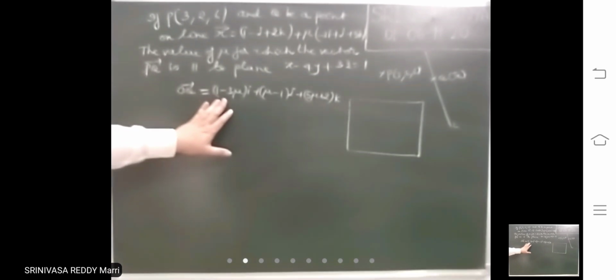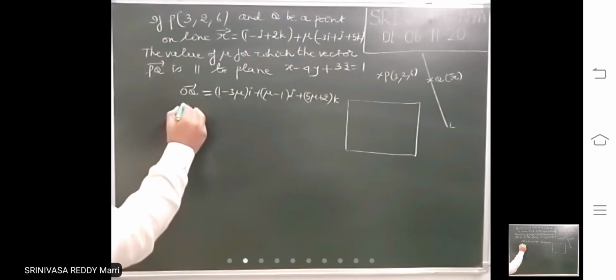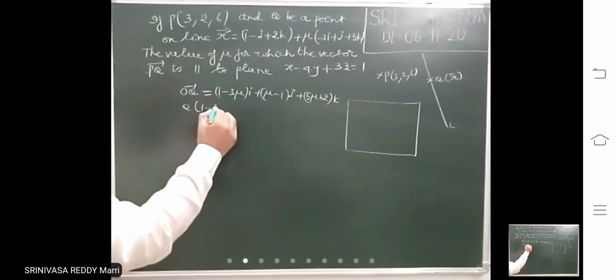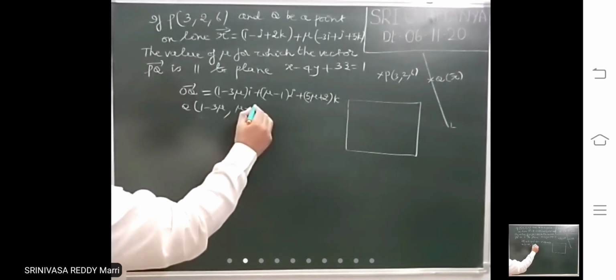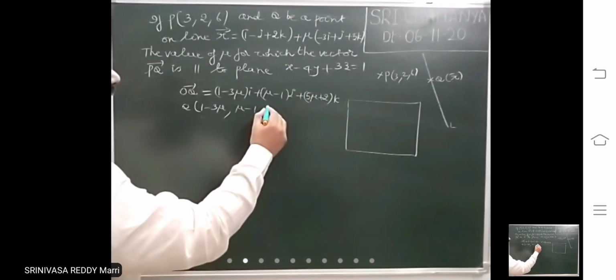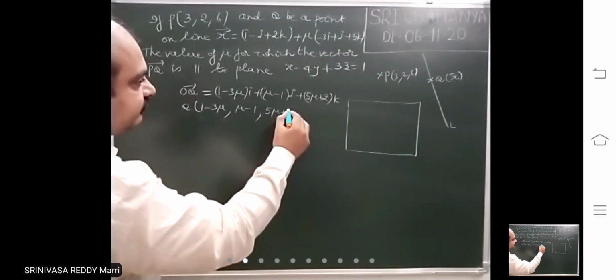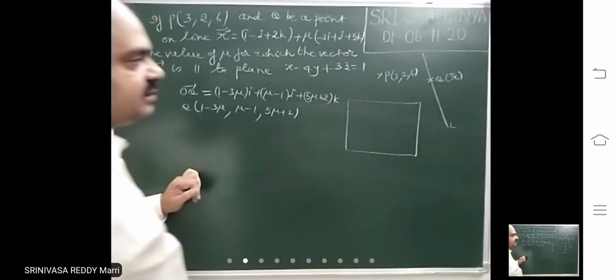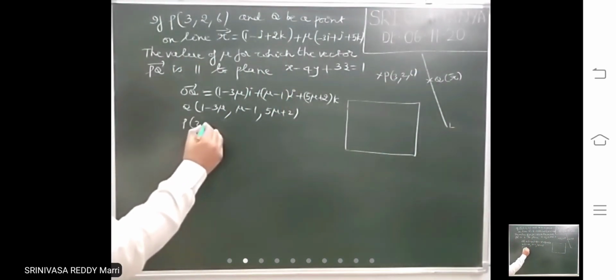So this is the position vector of Q. Therefore, the coordinates of Q are (1 - 3mu, mu - 1, 5mu + 2), and P is given as (3, 2, 6).